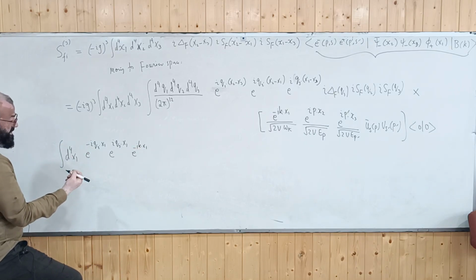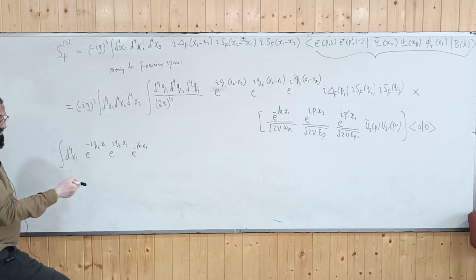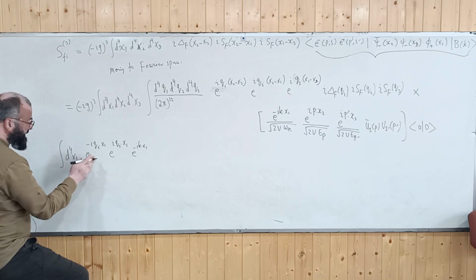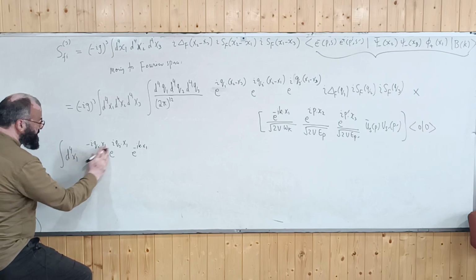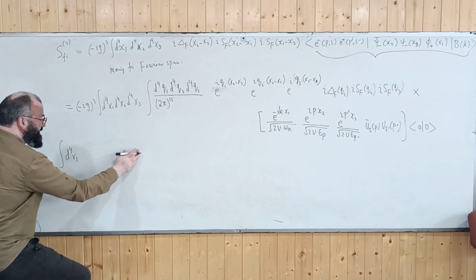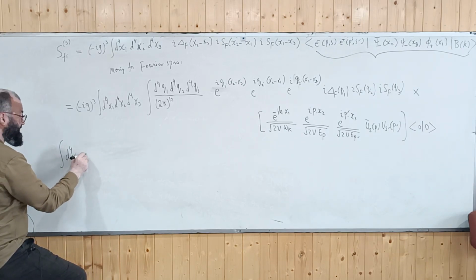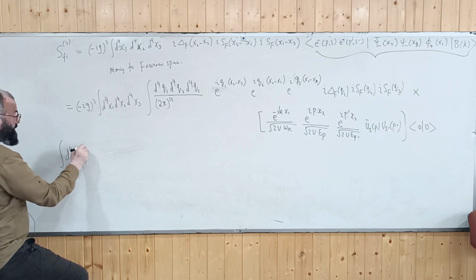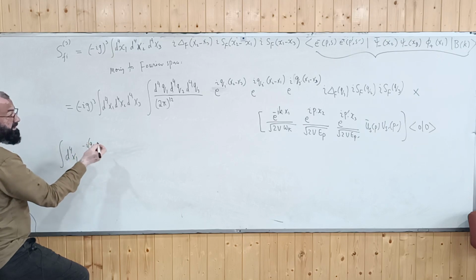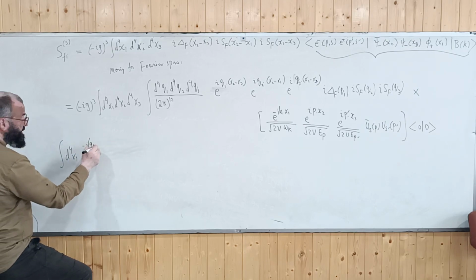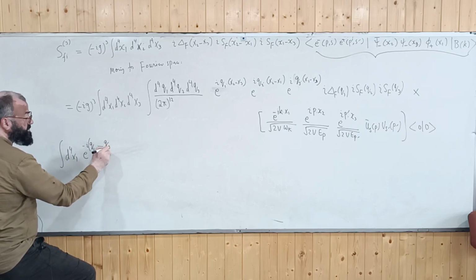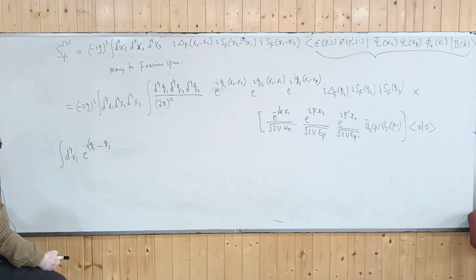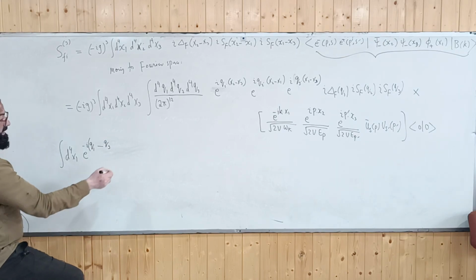What is that equal to? Tell me what these things are. You take the minus out, so it is e raised to minus i q1 minus q3 probably, because I have taken the minus out. Then what do you have?